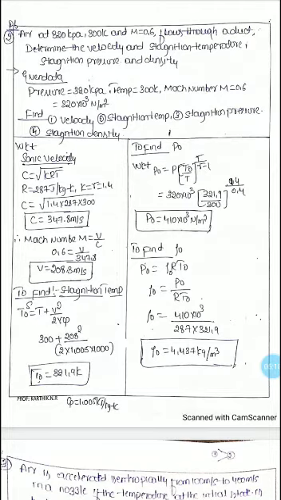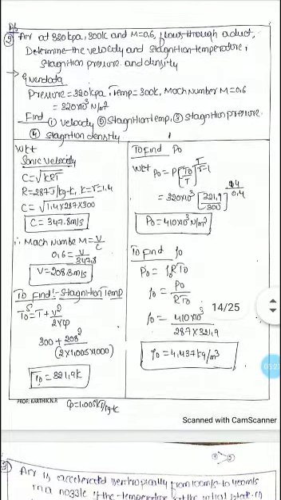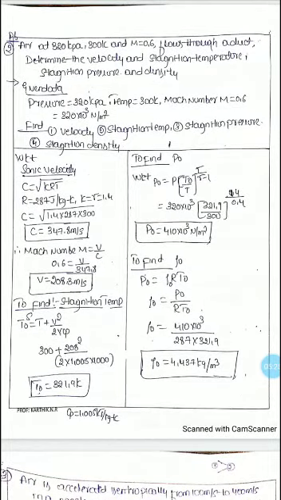Then to find the stagnation temperature, we can use T naught is equal to T plus V square divided by 2Cp. We can also use the general formula T naught is equal to T into 1 plus (gamma minus 1) divided by 2 into M square by considering the Mach number. Therefore, whichever is convenient we can use. T naught is equal to T plus V square divided by 2 into Cp. That is T is 300 plus 208 square, then 2 into Cp, where Cp is the specific heat at constant pressure.